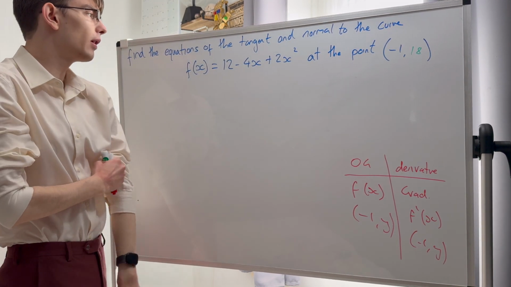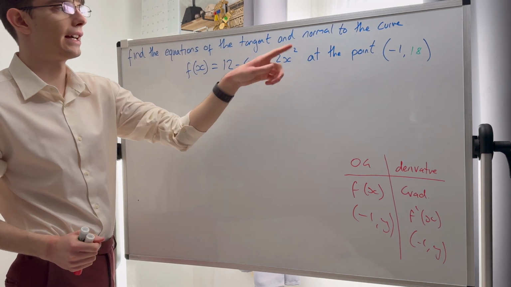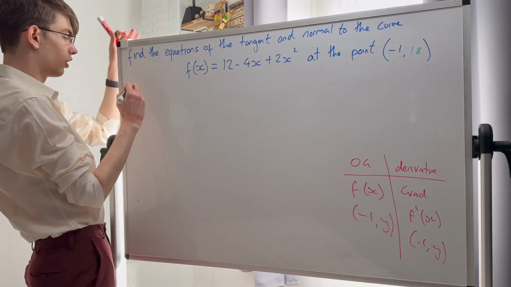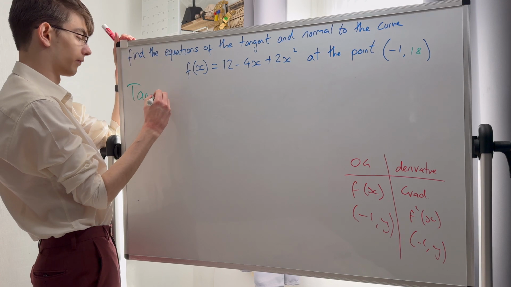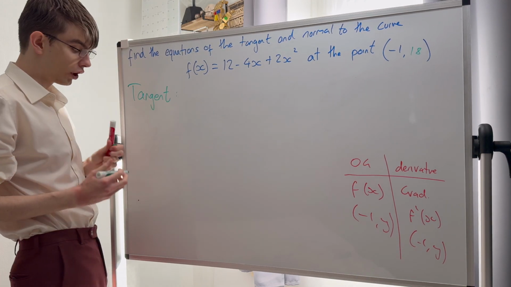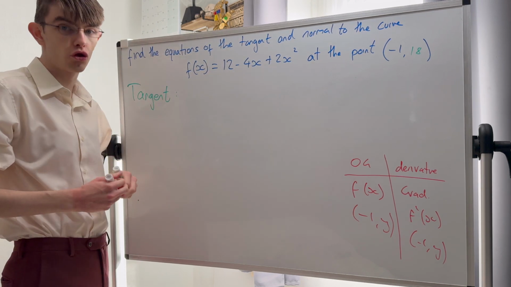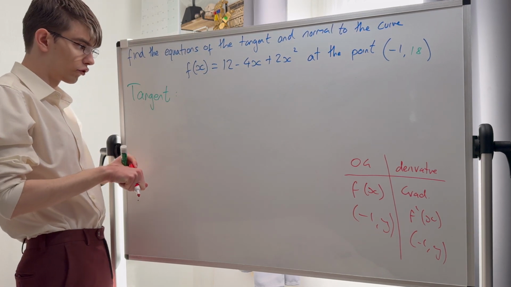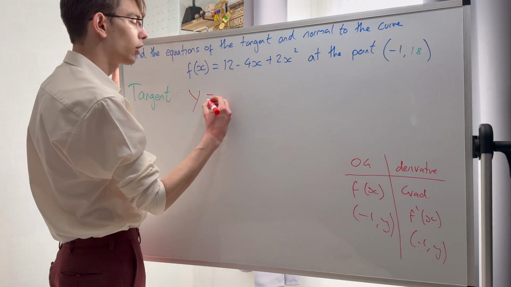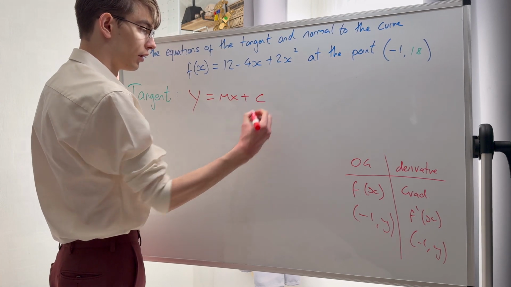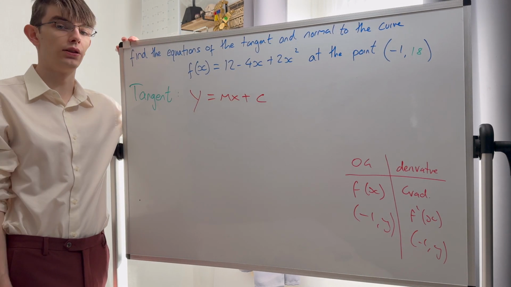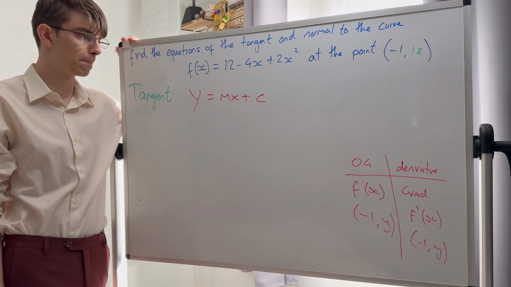Now, I want to go about finding the equation of the tangent and the normal. So let's start with the tangent. First thing to notice is a tangent and a normal are both straight lines. If they're both straight lines, then we know we are going to want something that looks like this: y equals mx plus c.